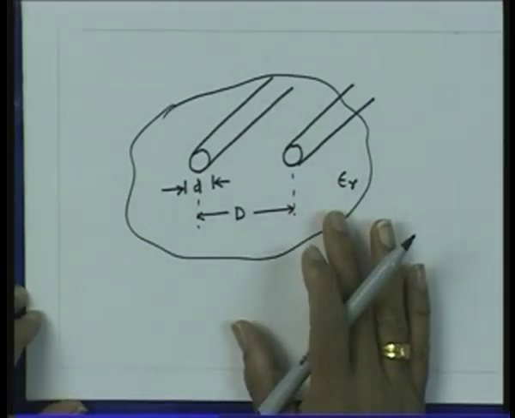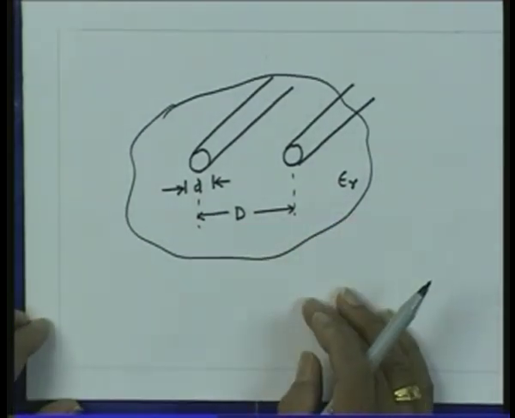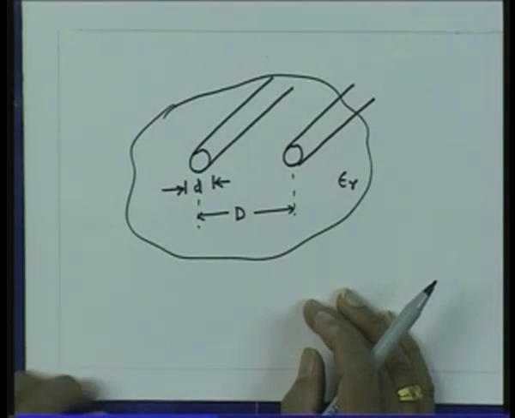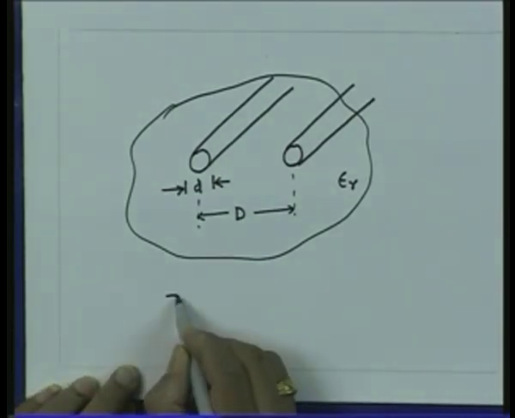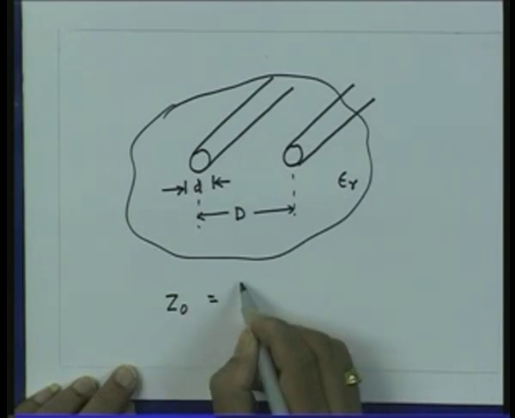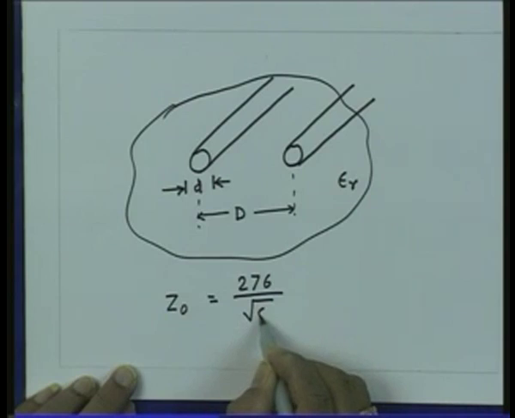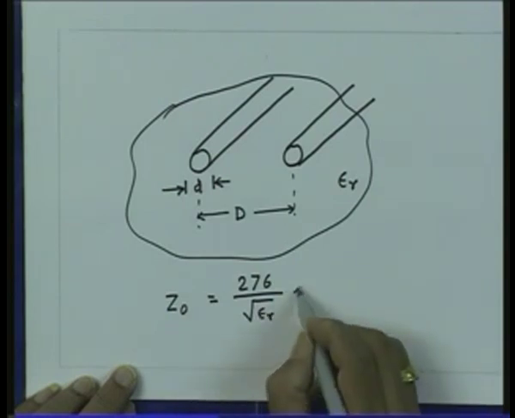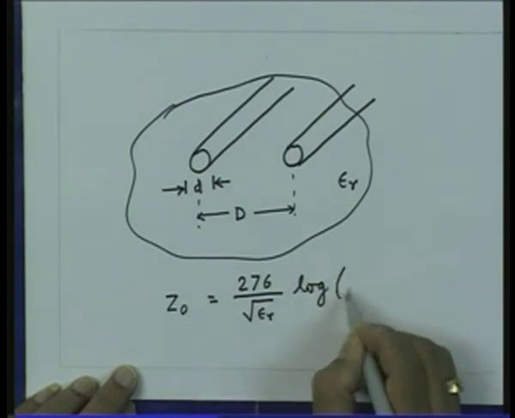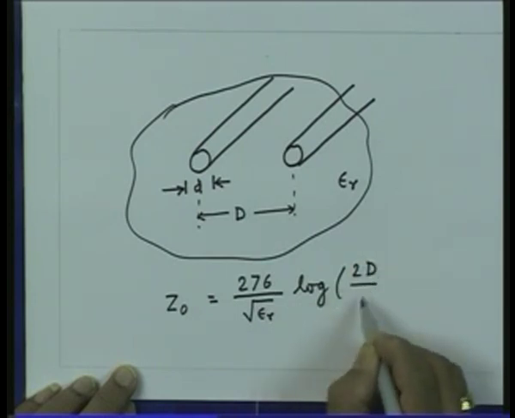For this structure with general dielectric constant epsilon r, the characteristic impedance Z0 is 276 divided by square root of epsilon r, times log of 2D divided by d.